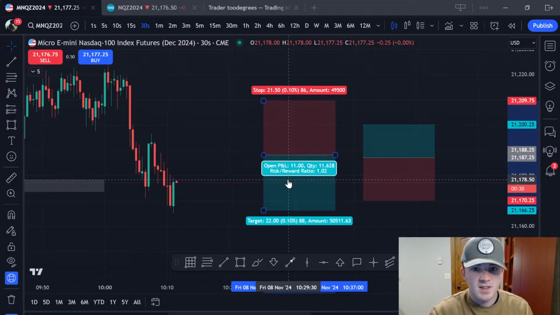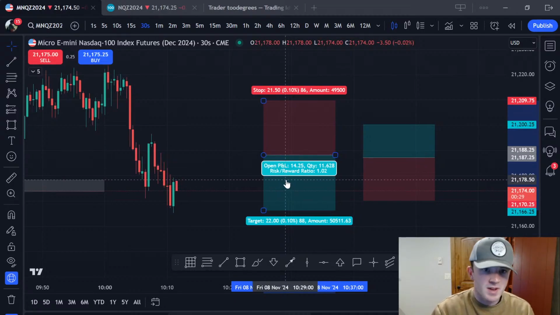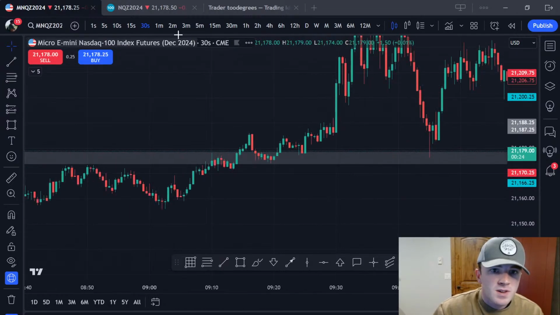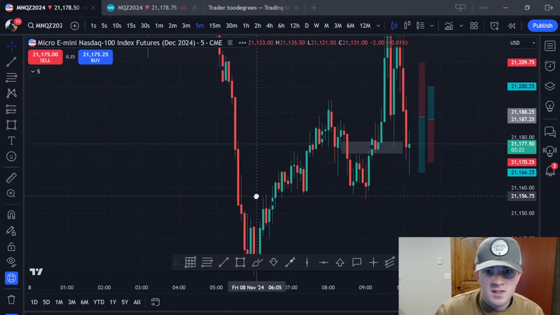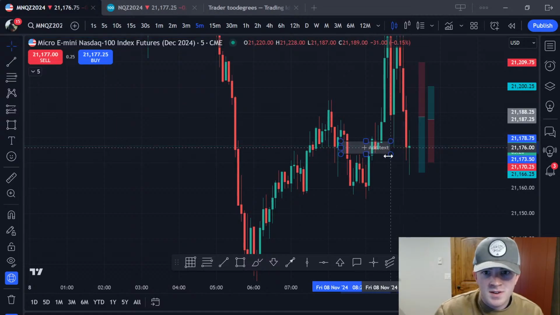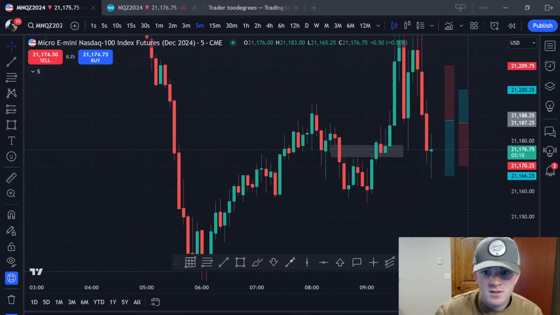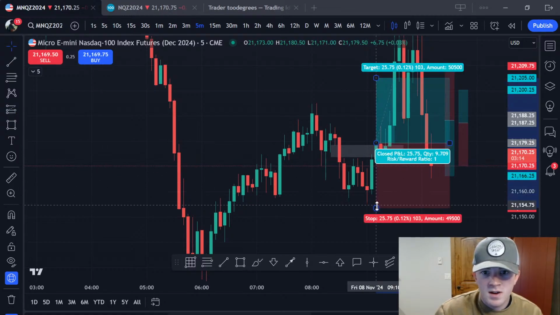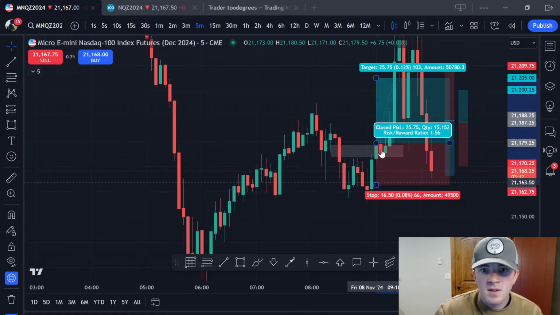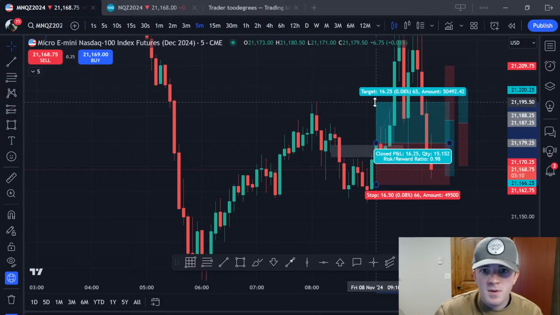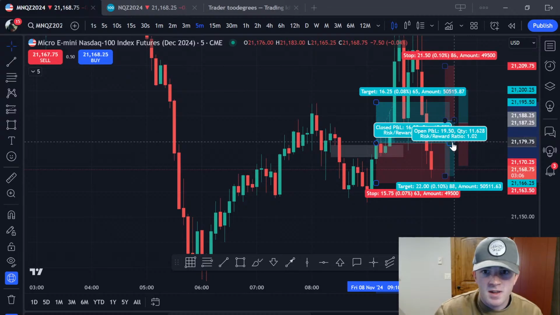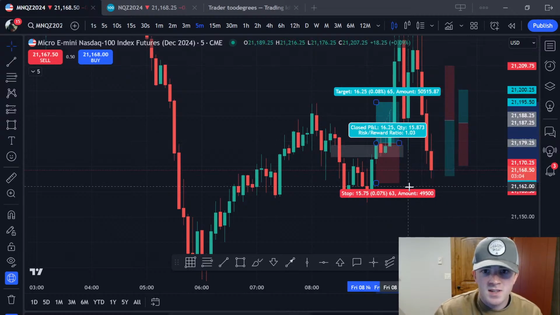So basically all I need to do is whenever I want to take a trade, let's say I was taking this 5-minute inverse that we saw earlier. I go like this, go long, put the stop loss where I want it, put the take profit where I want it, and it'll tell me exactly how many contracts I need to buy. So in this case, I buy 15. Boom, 15.